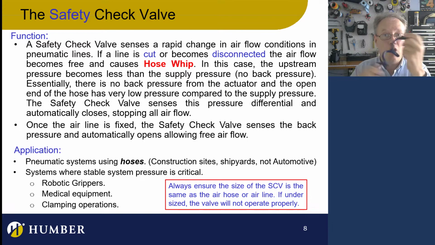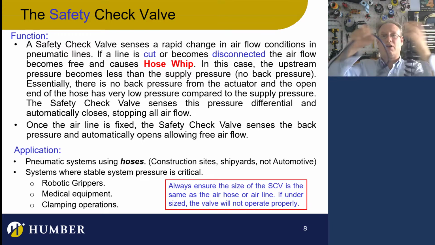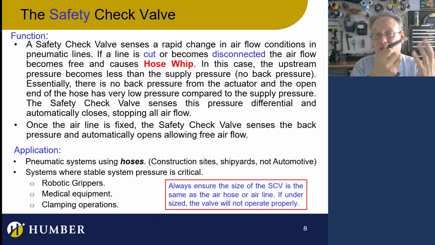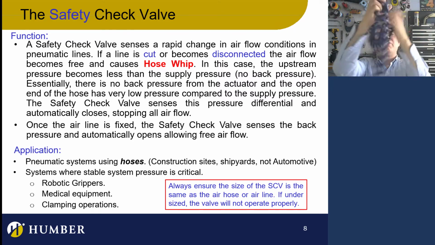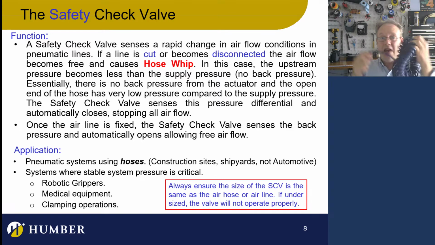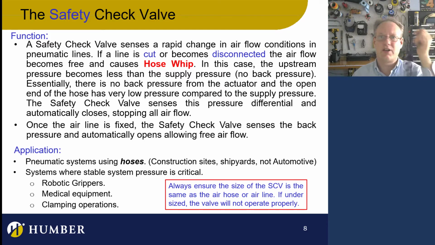Now, if this hose breaks, I'm using this hose somewhere down the line, on a jackhammer or some other thing that I'm running. Could be a pneumatic actuator, could be lots of stuff. But essentially, there's a hose here. And if for some reason whatever device is on the end breaks, or this line breaks, this hose is going to really go crazy, and we call that hose whip.